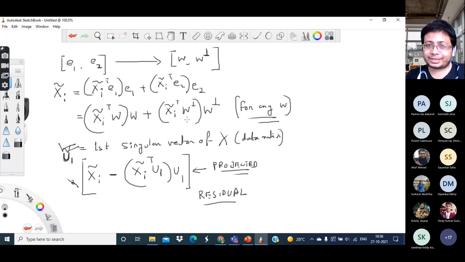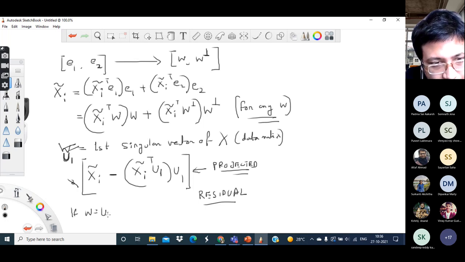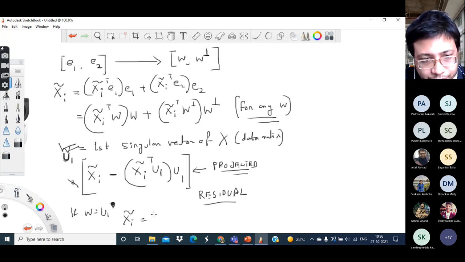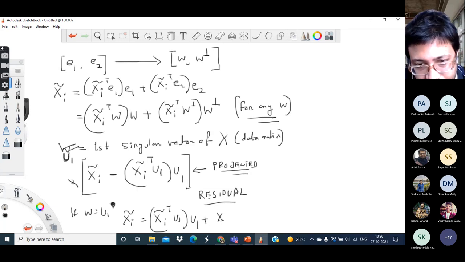This is a standard decomposition for any W. So that means if W is equal to U1, then xi tilde is xi tilde transpose U1 times U1 plus xi tilde transpose U1 perp times U1 perp.